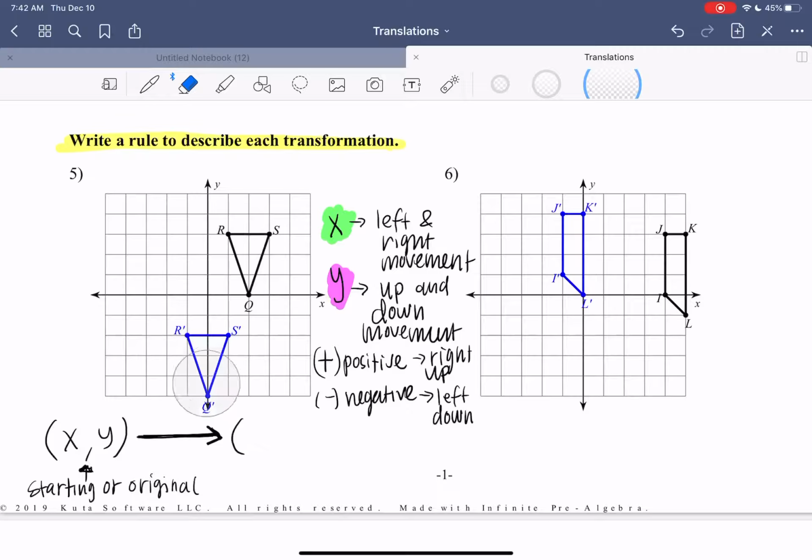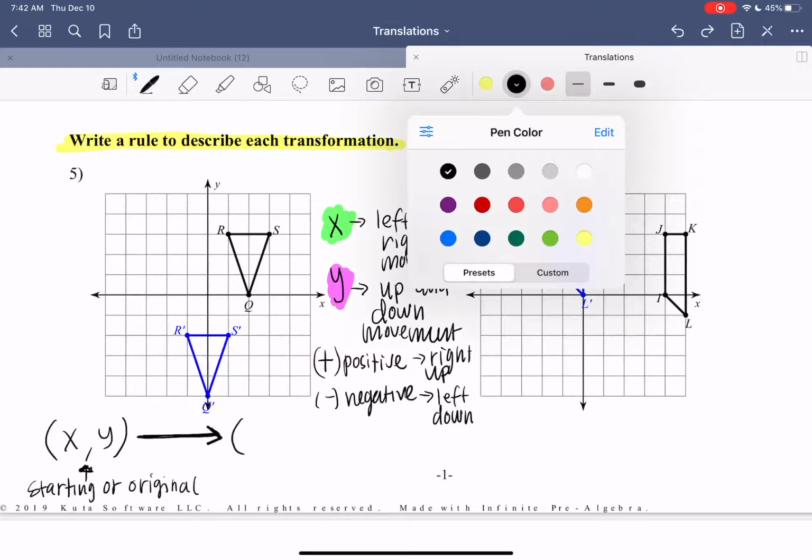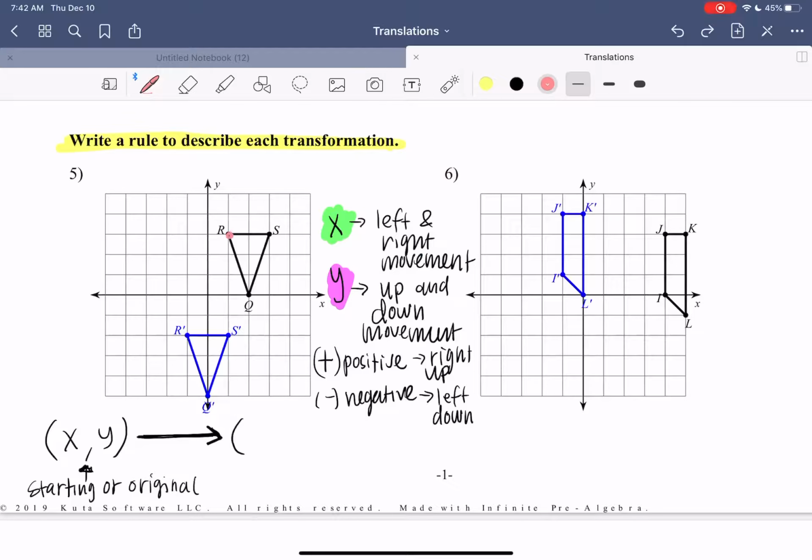Let me do it in another color so you can see it. Let's go with pink. We have our R vertex right here. We want to figure out how we got from this R to this R prime.